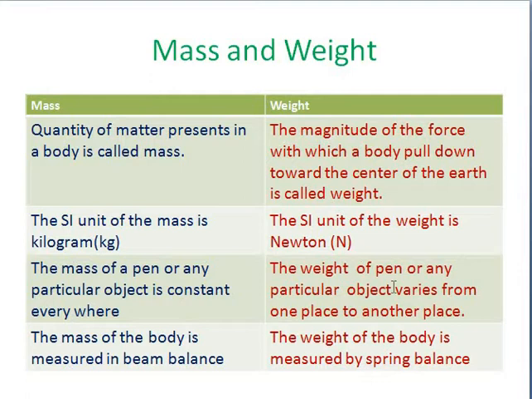For example, the weight of a pen on Earth's surface is more than the weight of that pen on the moon surface. So weight varies from place to place.